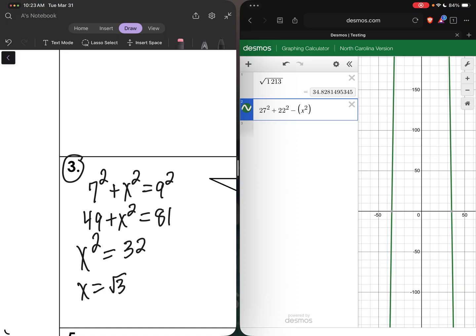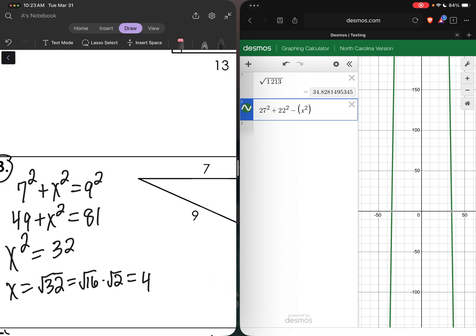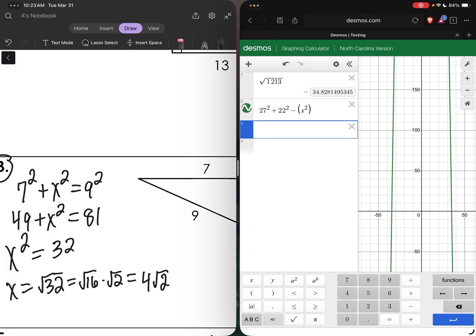So x is the square root of 32. This is the square root of 16 times the square root of 2, which is 4 square root 2 as an exact answer, just in case it asks you on the test later. But for the approximate answer, it is 5.7.